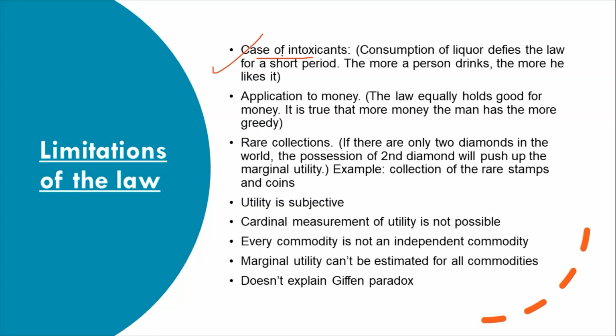For example, we can take consumption of liquor, or cigarettes, or any intoxicant. This law does not hold for such consumption, because as you know, the more a person drinks, the more he likes it and the more he wants to drink. So there's a limitation in that way.